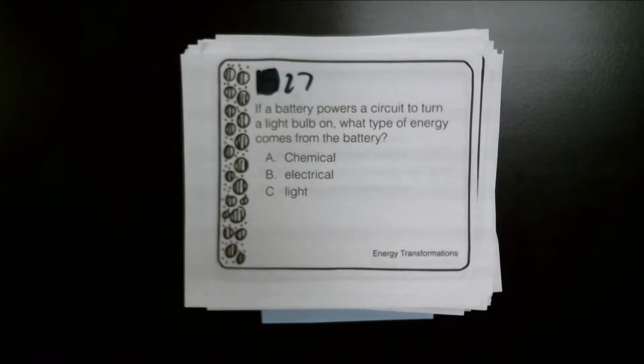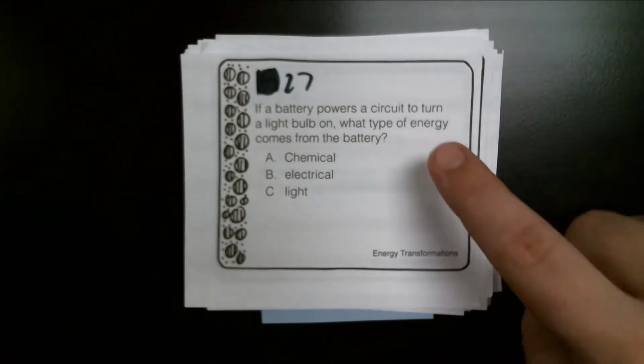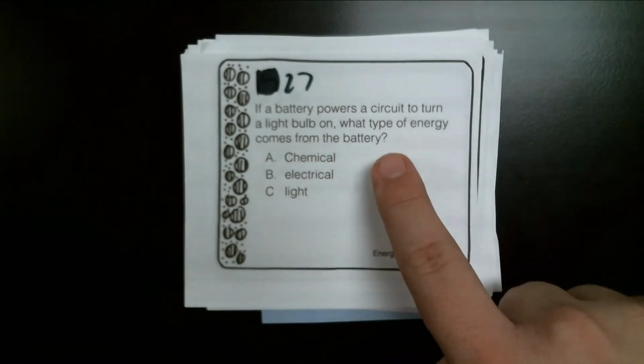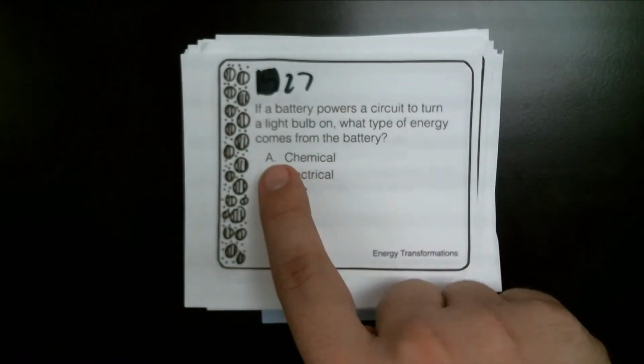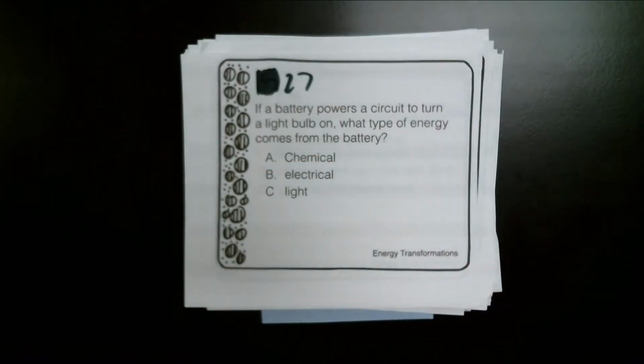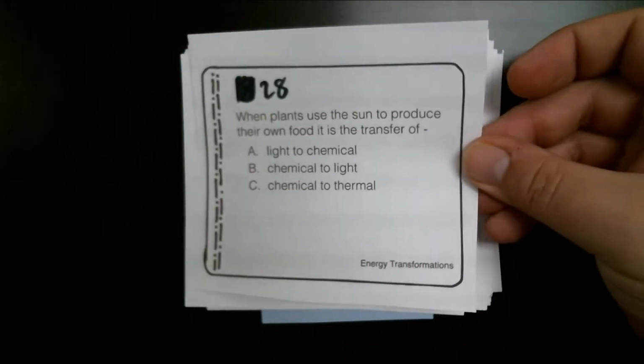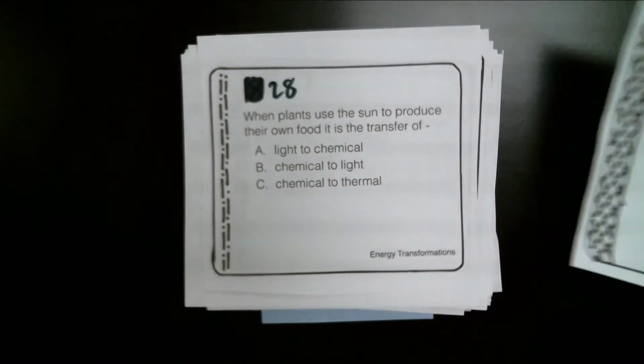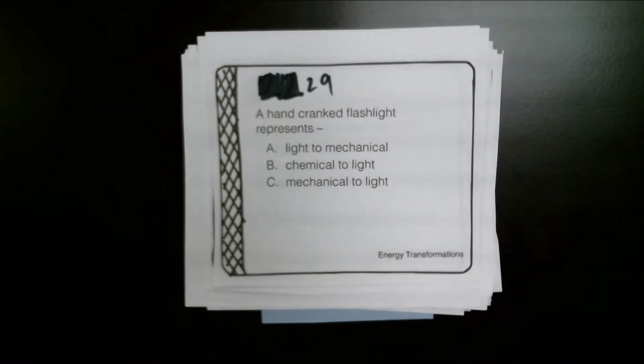Be sure to read questions like this very carefully. What type of energy comes from the battery, not what energy is in the battery. There's a difference. Number 28. When plants use the sun to produce their own food, it is the transfer of... Number 29.